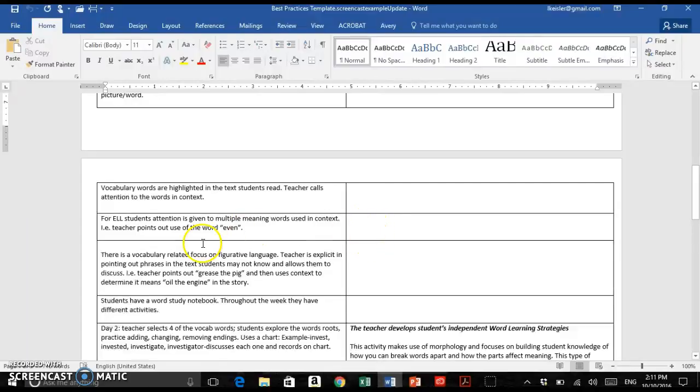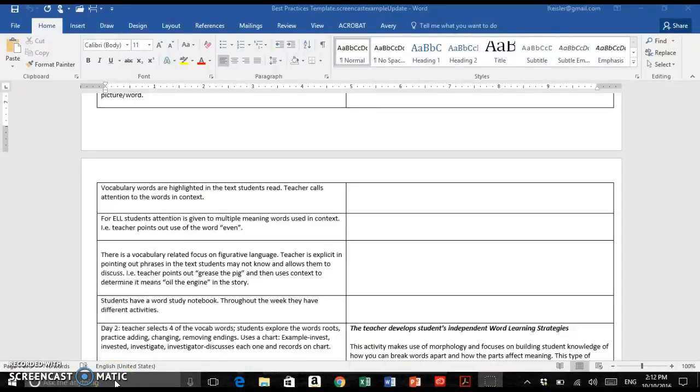Don't leave it off, because this is going to be valuable to you later on when you're doing your overall triangulated analysis, because you can say they do several activities throughout the week related to vocabulary that are not evidence of best practice.